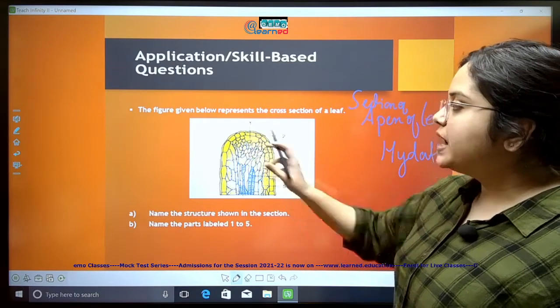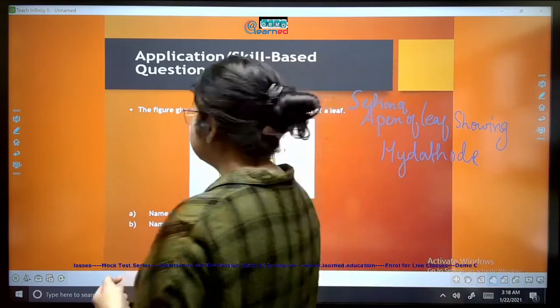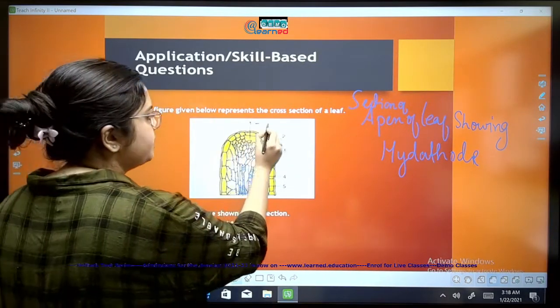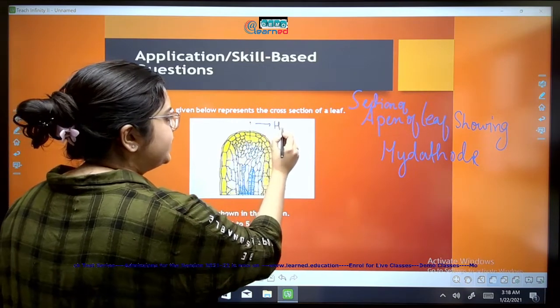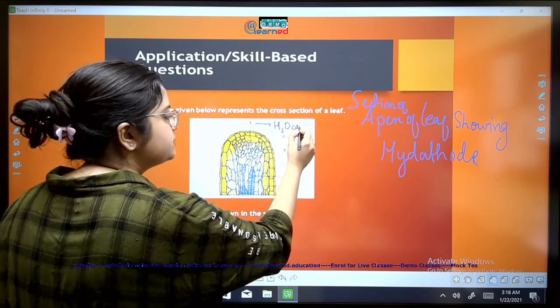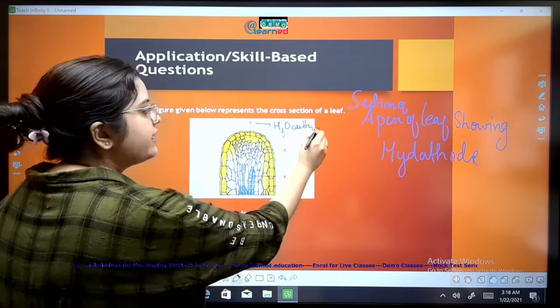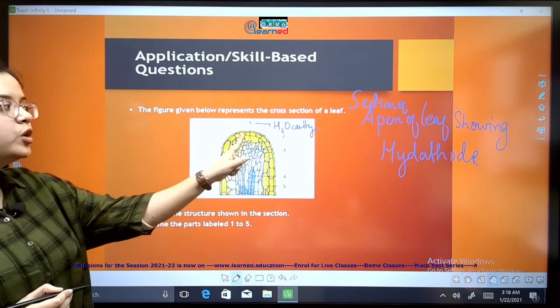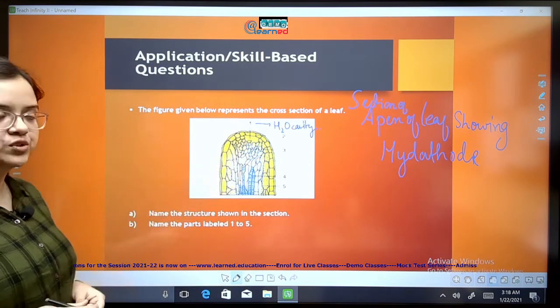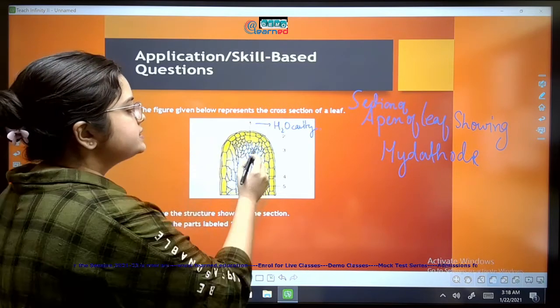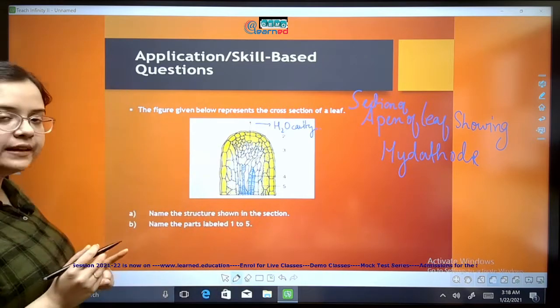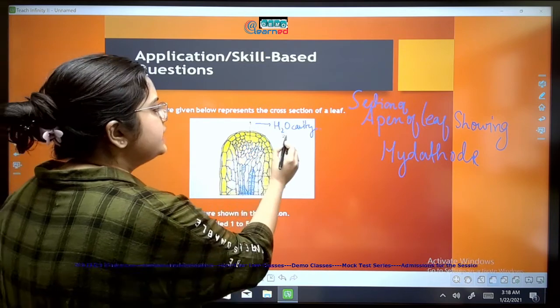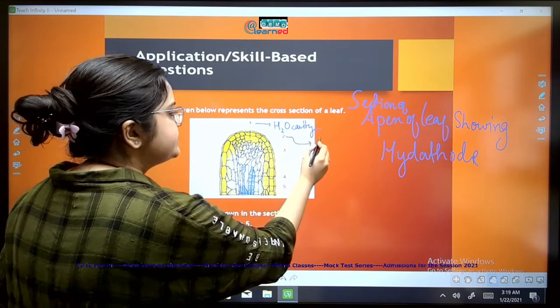So in part 1 you can see that this is the water cavity which I was talking about. I am writing H2O cavity, okay, so that there is more space. Water cavity where the water is getting accumulated and is going out. Number 2, if you see very closely in the diagram, is the epidermal cell.